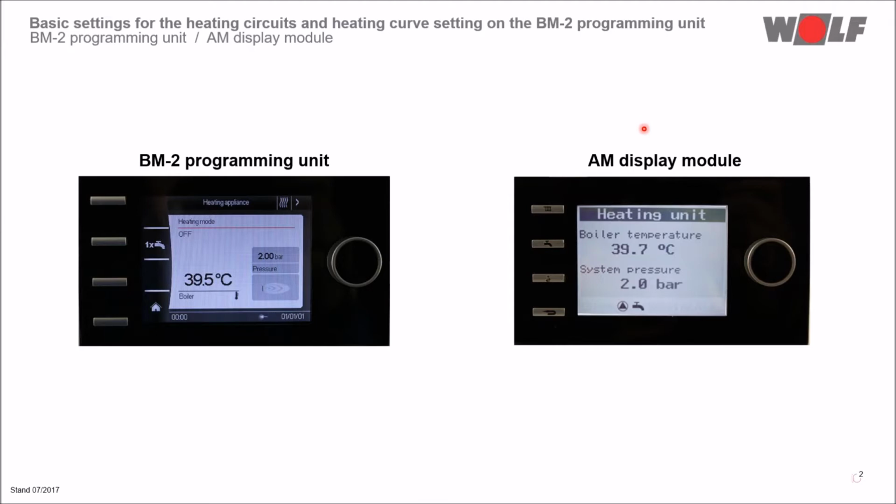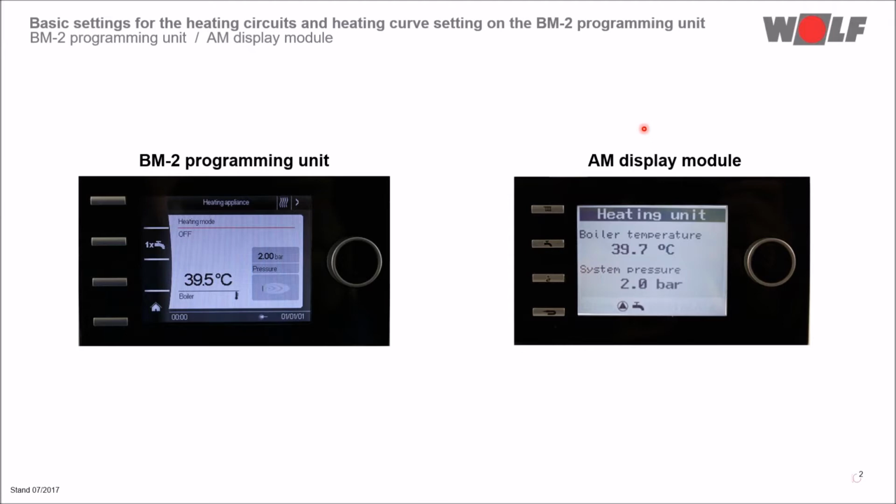Visually, the two modules are differentiated by the 4 printed quick start keys. These are only printed on the display module. In addition, the display module has a black-white screen and the programming unit has a color screen. These are the most obvious differences to begin with.